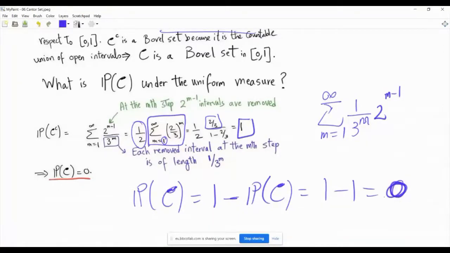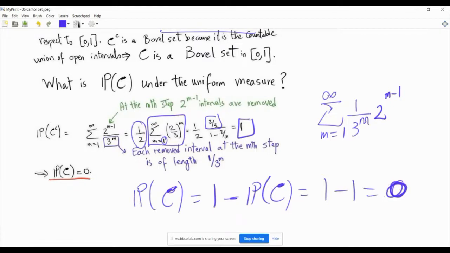So the probability of the Cantor set is 0. If you close your eyes and choose a number uniformly from 0 to 1, you don't give preference to any part of the interval from 0 to 1. If you follow a uniform way of selection, then the probability of choosing a number that belongs to the Cantor set is 0.